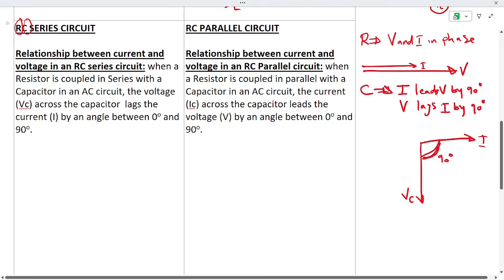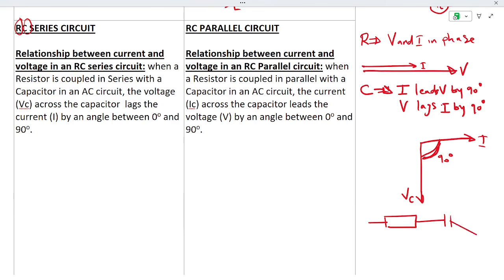If we have a series RC circuit, RC means a resistor in series with a capacitor, both supplied by an AC source. So we have something like this.